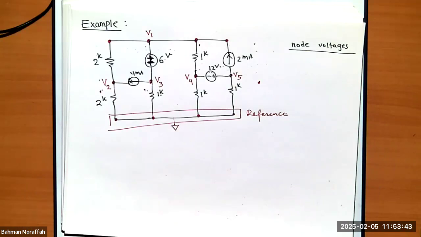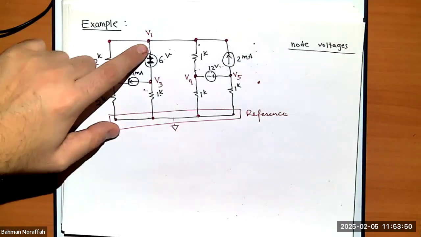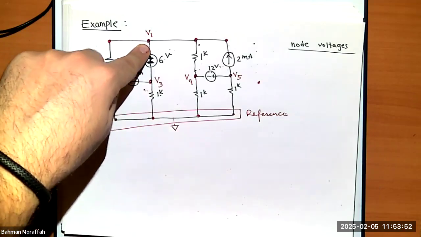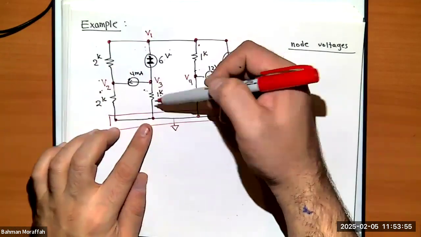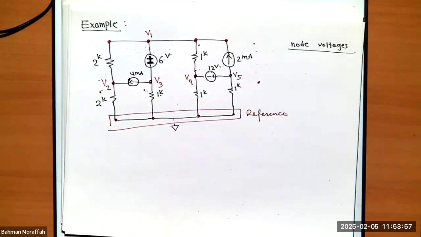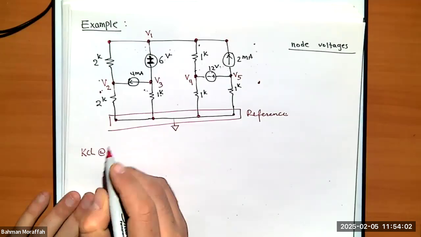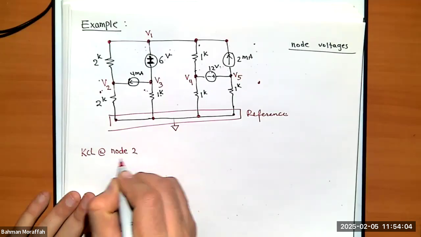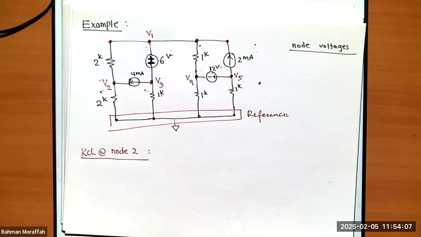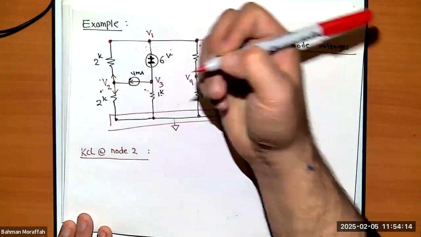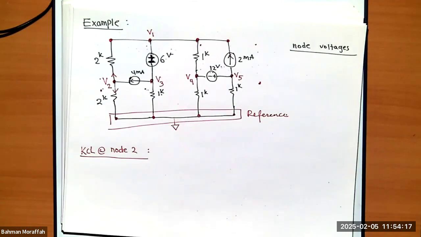Third step tells me I have to write KCL for every single node I have. Let's start at node 1. Can I write a KCL at this node? No. I have a voltage source that's between these two. That's a problematic one. Let's move on to the second node. Can I write a KCL at node 2? Yeah, I know currents through every single one of them. So let's just assume everything is going out. Again, my assumption.